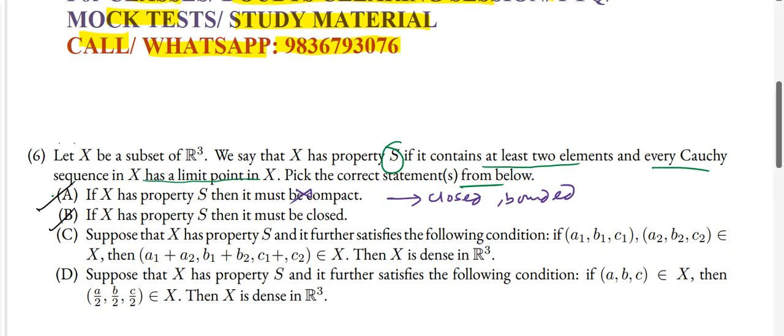C and D are additional conditions about specific operations on the elements of X leading to density in R cube, which do not directly follow from the definition of property S. So C and D are also false. Which option is correct here? Option B is the correct answer for that question.